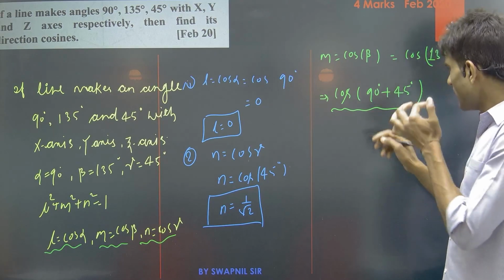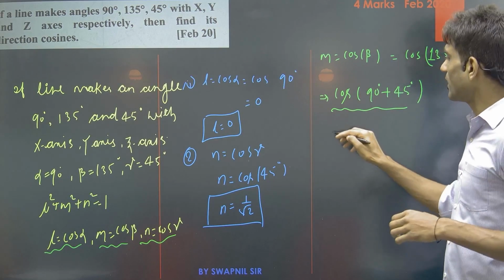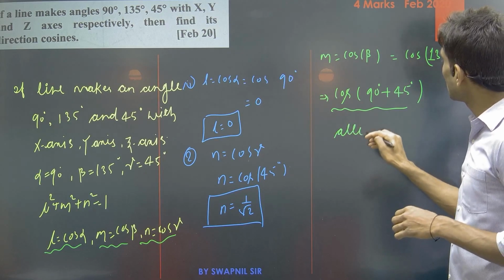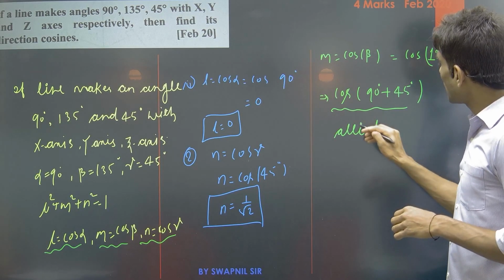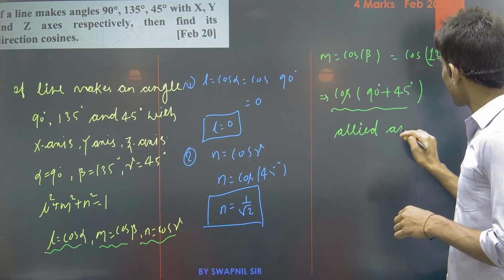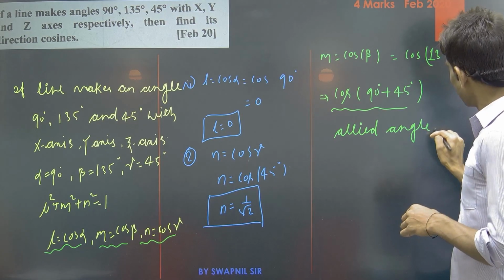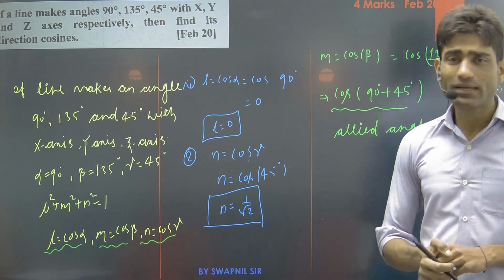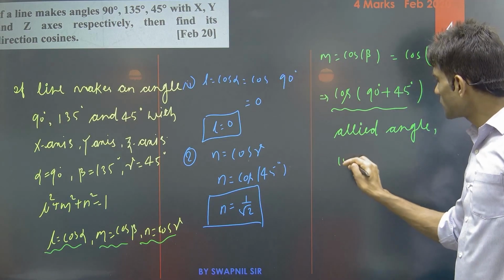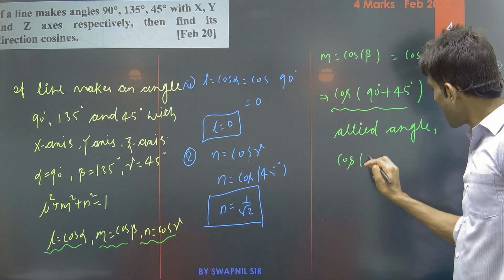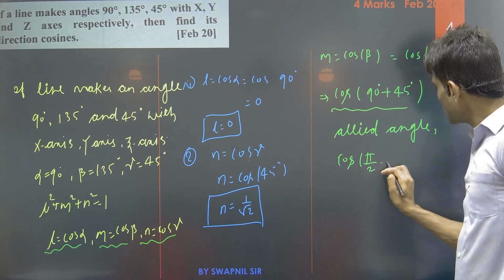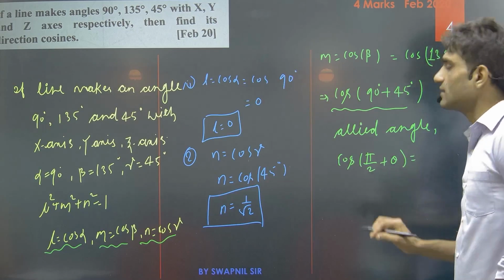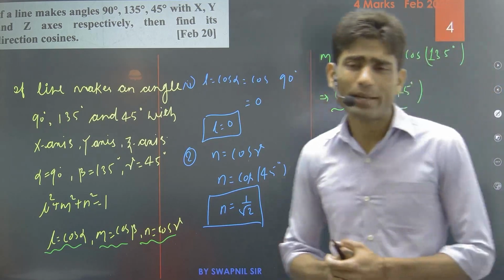Here I'm going to use the allied angle, and we know that the allied angle can be written as cos pi by 2 plus theta. Now see how we can write cos of pi by 2 plus theta.